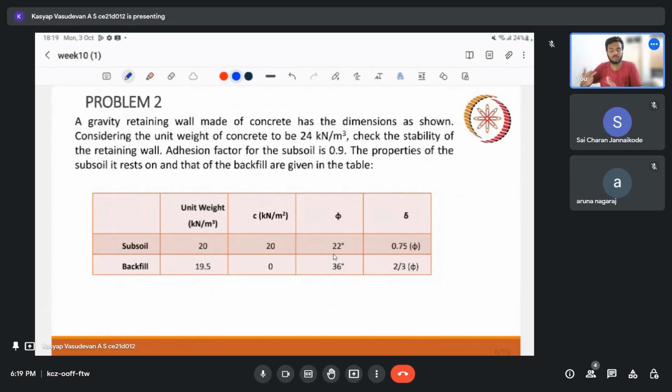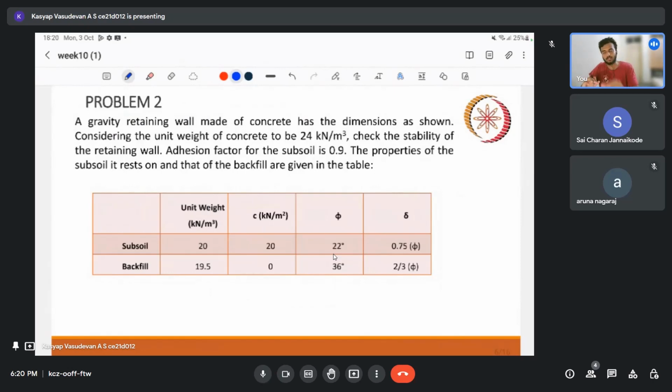The primary thing is checking whether it is failing by bearing capacity. Another thing is checking whether the retaining structure is subjected to overturning, that is, the resisting moment and the overturning moment. When the overturning moment is too much and goes beyond our resisting moment, it will overturn.